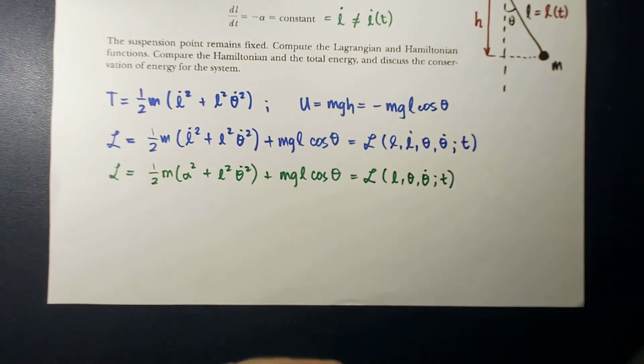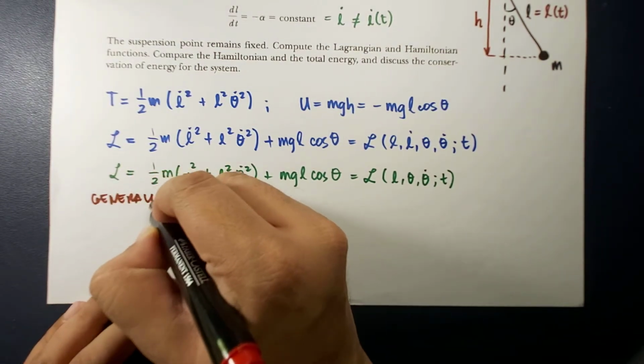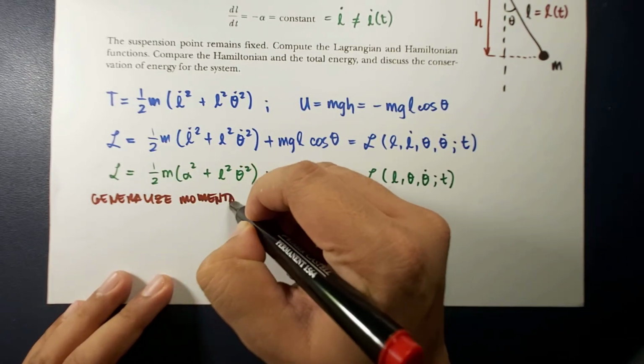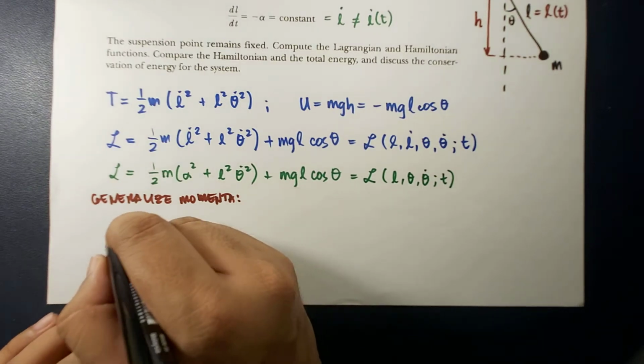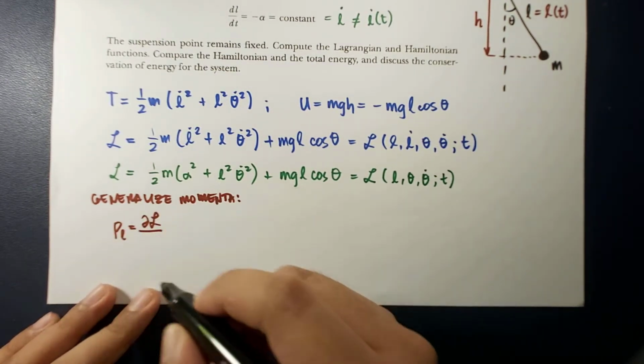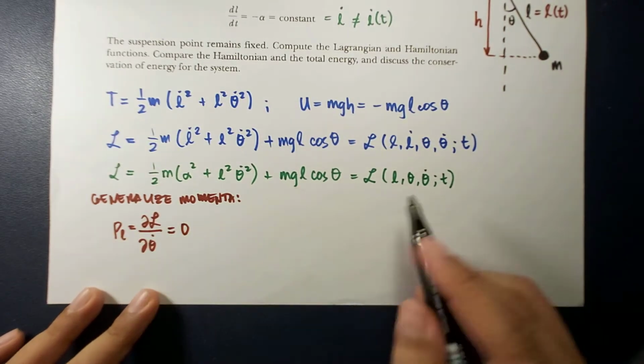Now let's compute the generalized momenta so that we'll be able to calculate our Hamiltonian. P_L, the derivative of the Lagrangian with respect to L dot, is equal to 0 as shown here.